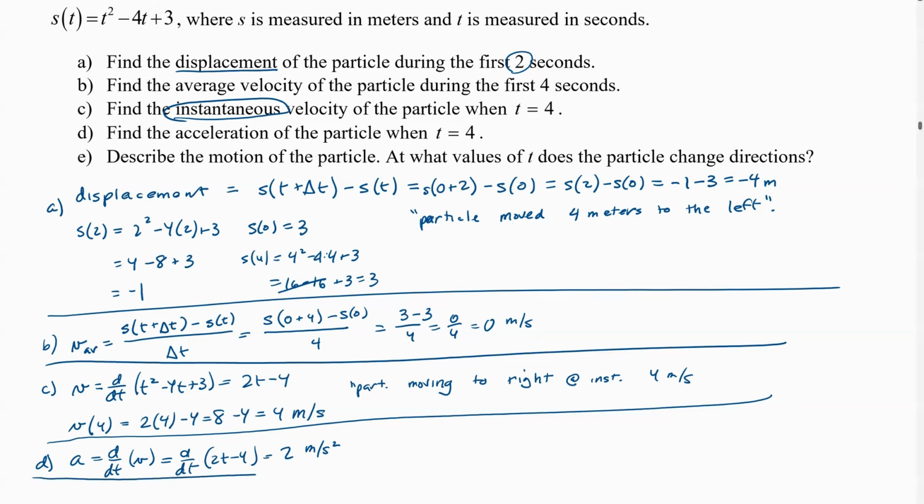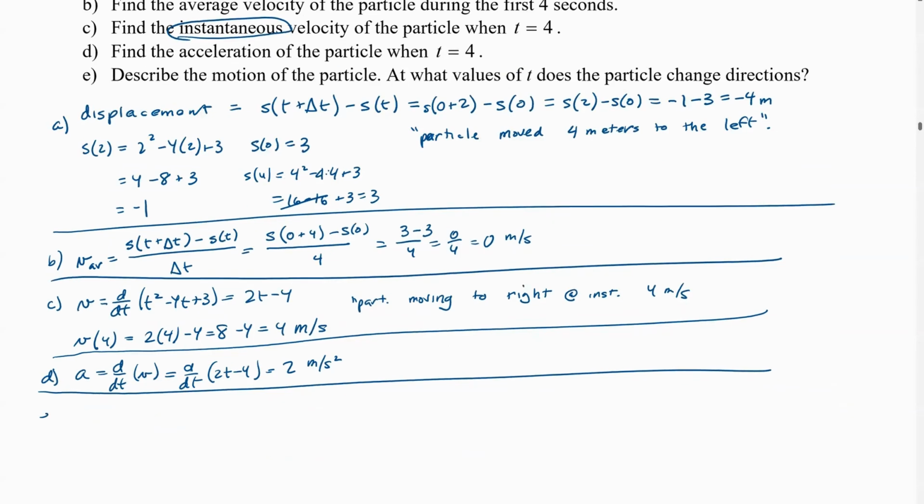Okay, and part E, describe the velocity or motion of the particle. For what values of t does it change direction? Okay, let's just remark here. Changes in direction happen when velocity is equal to 0 and velocity changes sign, meaning it goes from positive to negative or negative to positive.